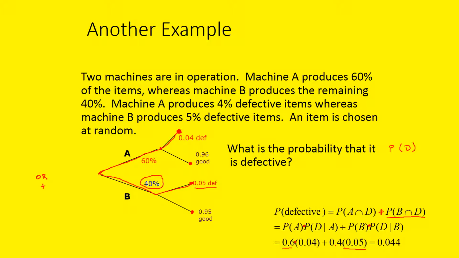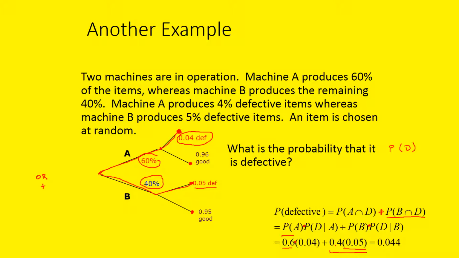Again, probability of A is this 60%. Probability of defective given A is this 0.04. Those get multiplied according to the formula and added to this product.